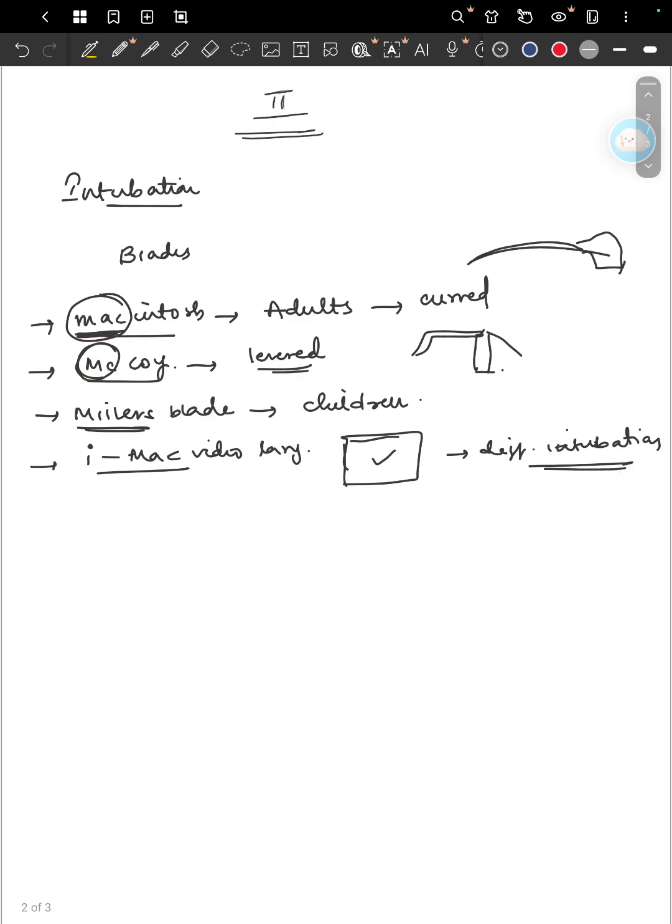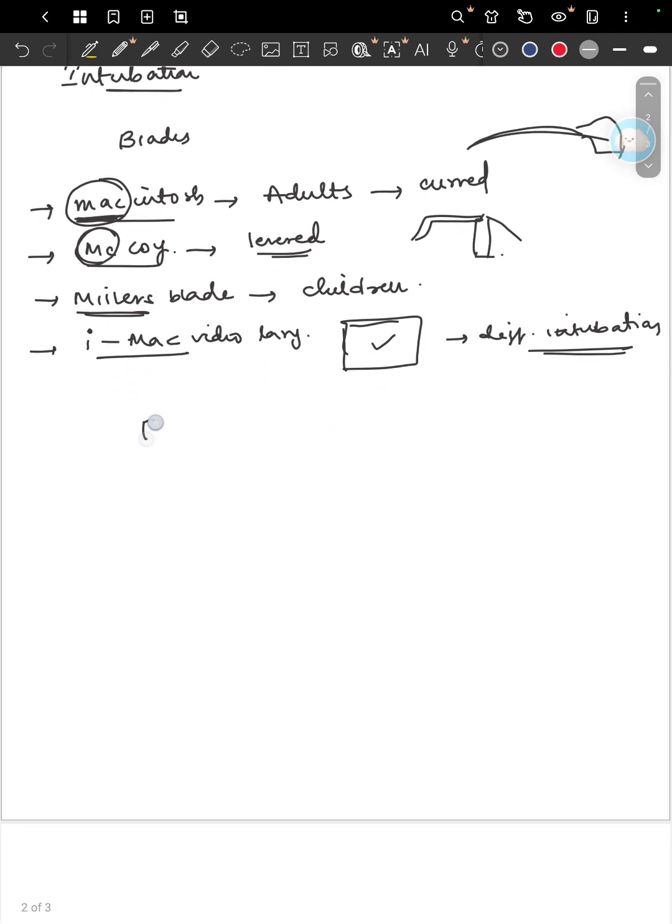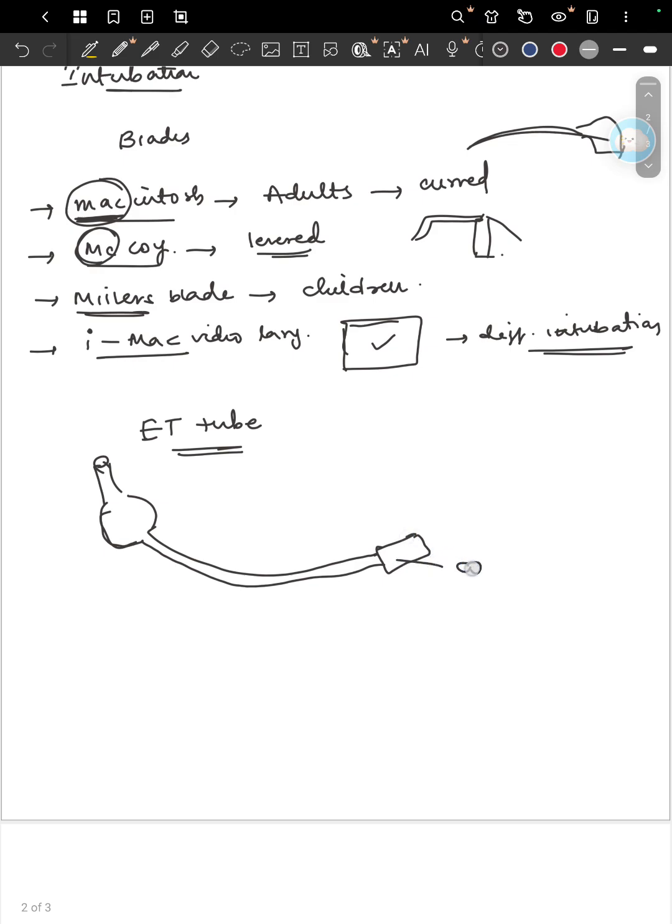Now we'll be seeing about the ET tube, endotracheal tube. This is how an ET tube looks, roughly. Now we have this connector.